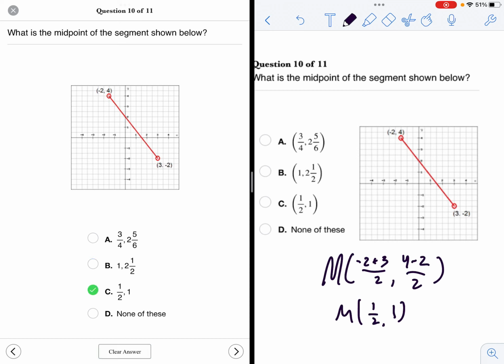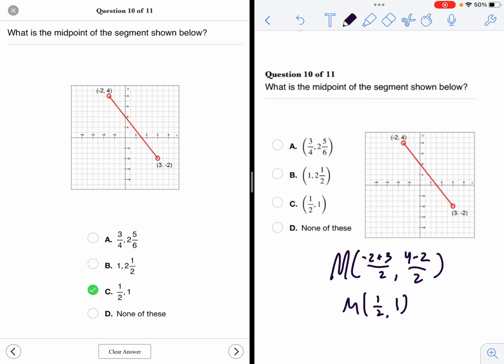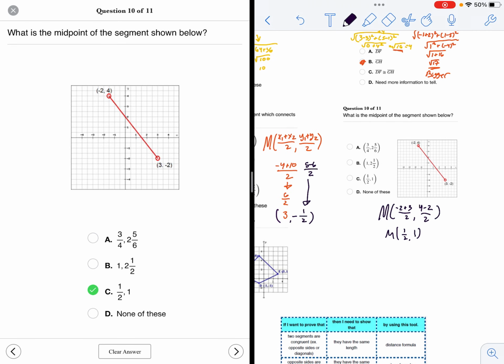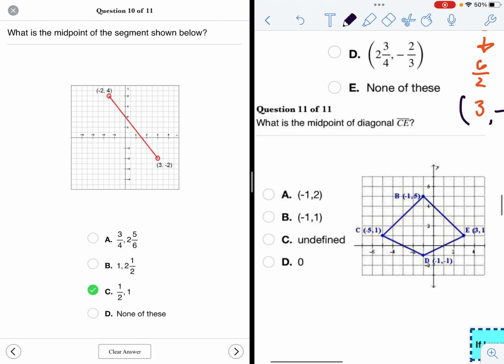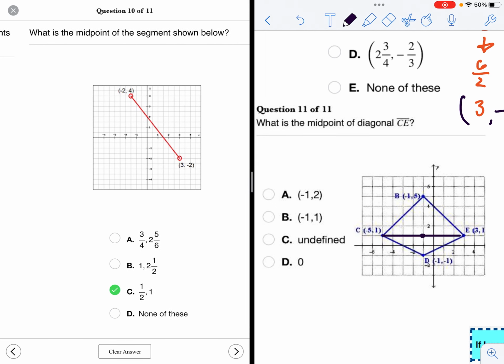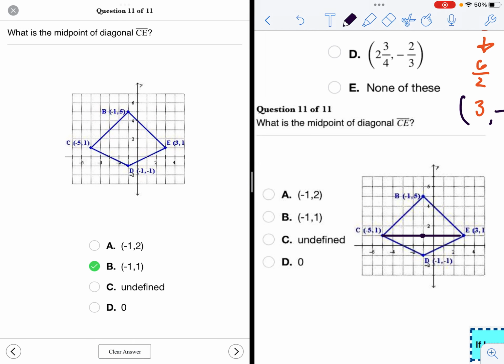Oops, there we go, right there. And then what is the midpoint of diagonal CE? Oh my god. Great. This is easy. Negative 1, 1. Sweet.